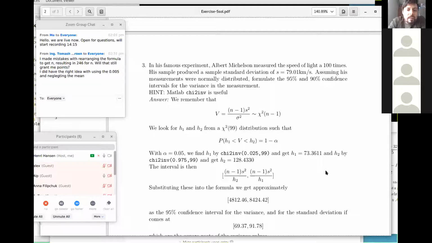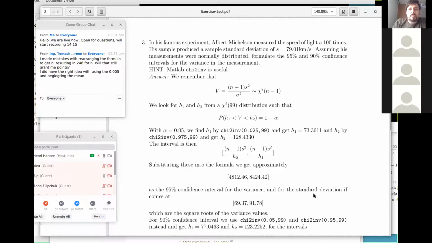And then we calculate this in this particular sample. We get 4,812 and 8,424 for these statistics. These would be the variances. And now if we calculate the confidence interval for the standard deviation, of course, we take the square root of this, because remember, this was the sample deviation in this case.